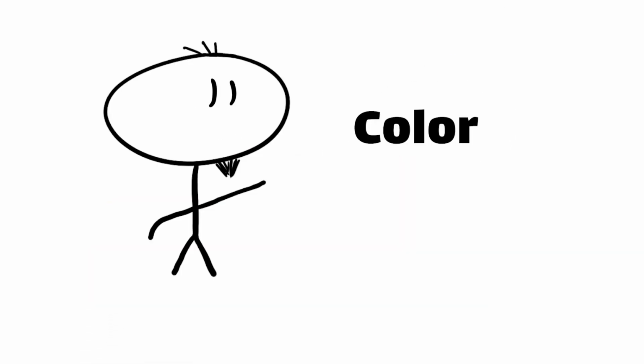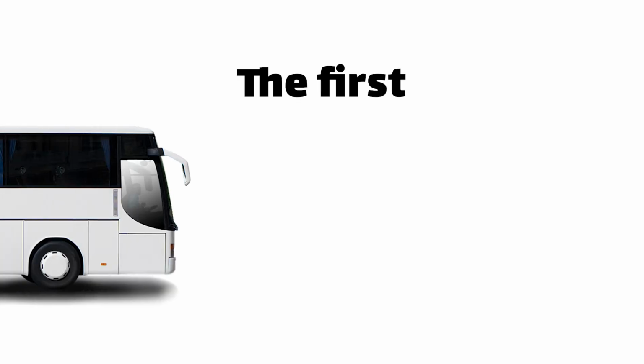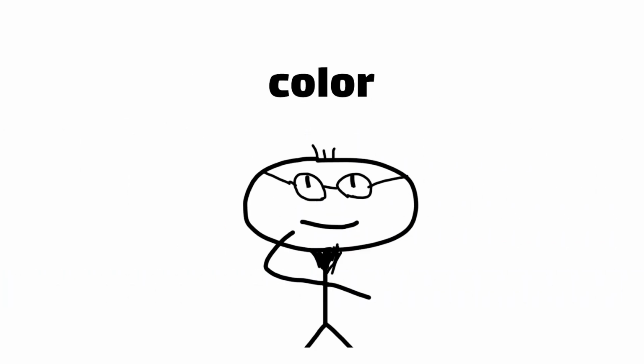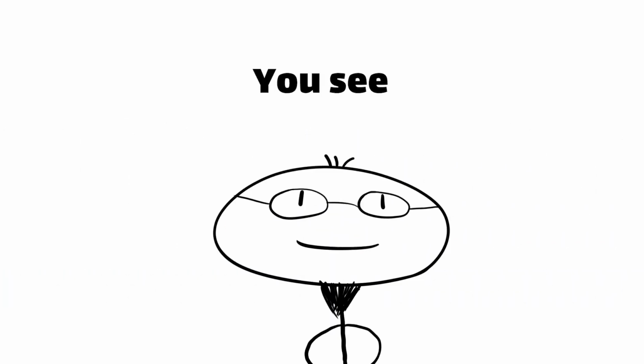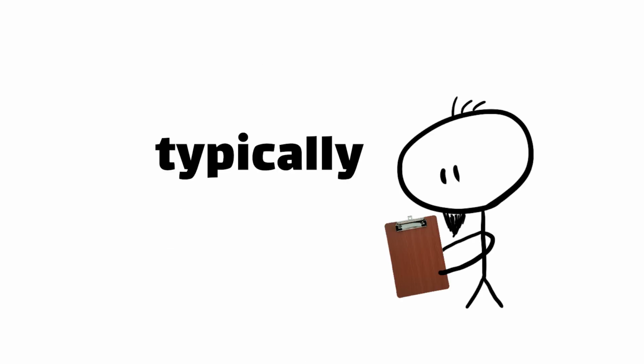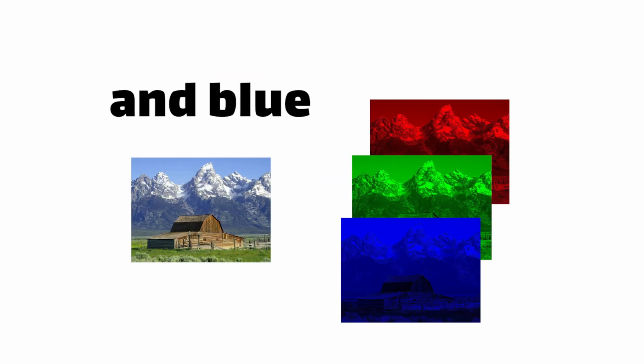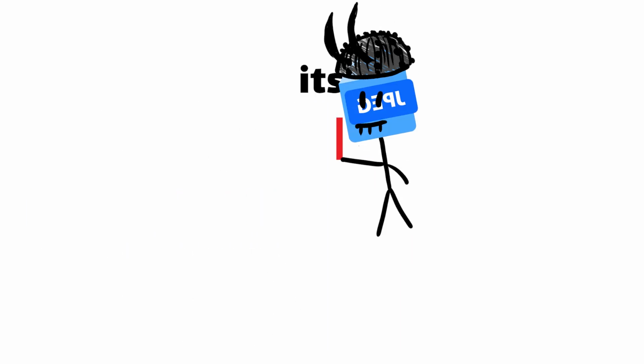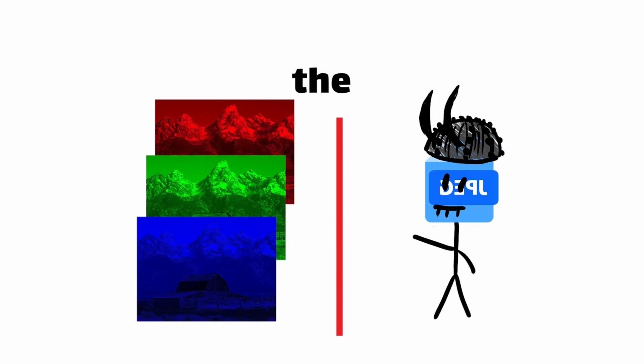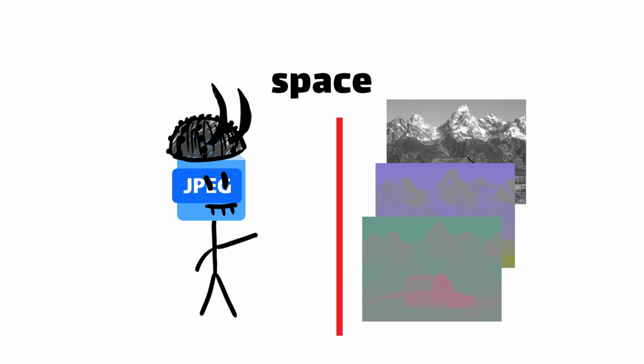Step 1. Color space conversion. The first stop on our compression journey is the color space conversion station. You see, digital images are typically represented using the RGB color model, which stands for red, green, and blue. You know, if that wasn't already obvious. But just like a good rebel, JPEG likes to play by its own rules, so it converts the image to the YCbCr color space.